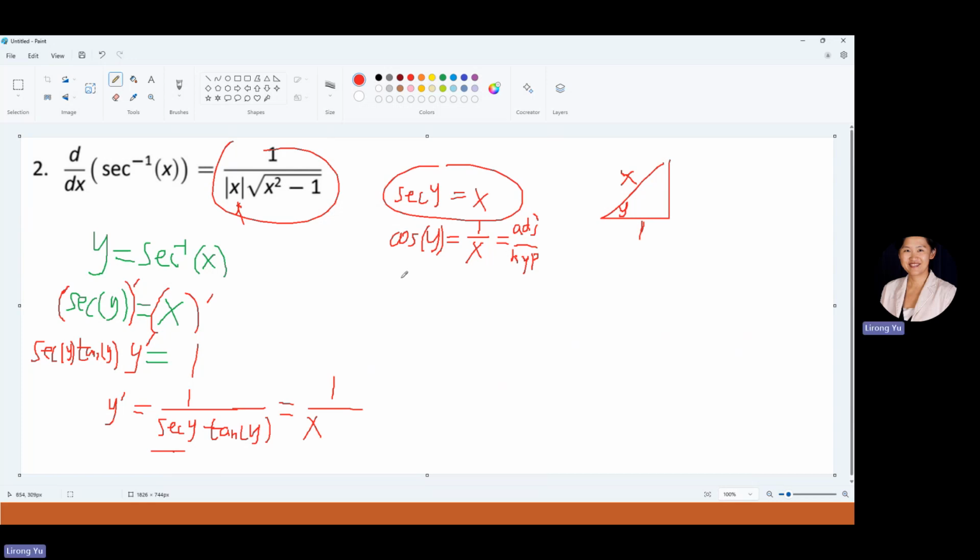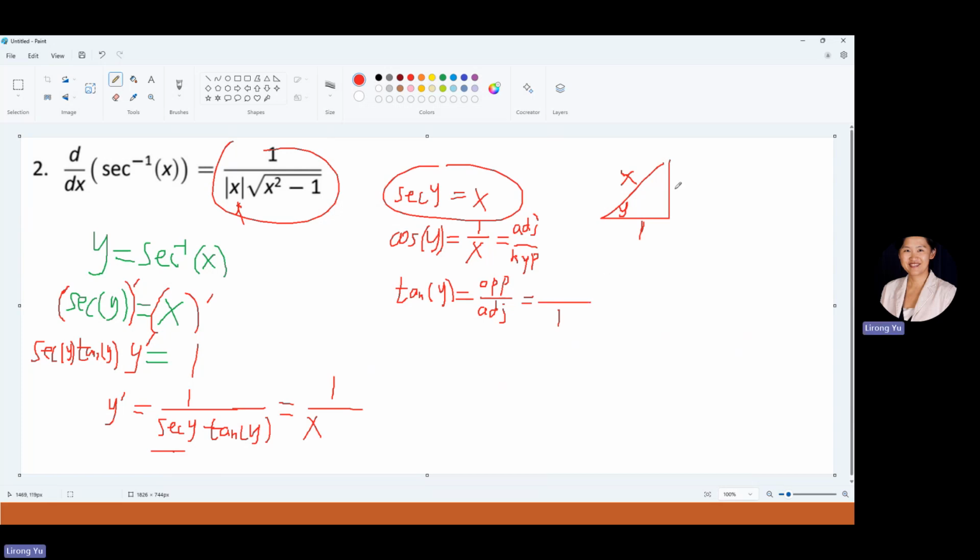So the tangent, let me go through the rest. The tangent of y would be a tangent of the angle. Now tangent is opposite over adjacent. Now the adjacent is 1.